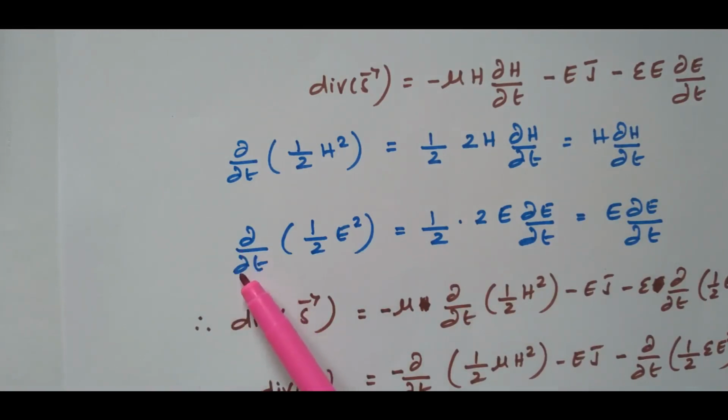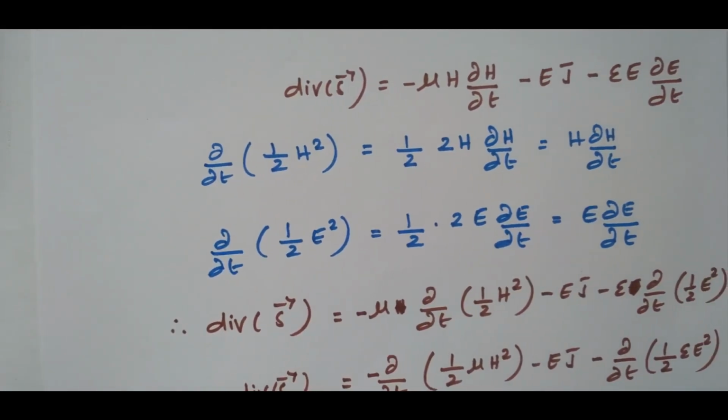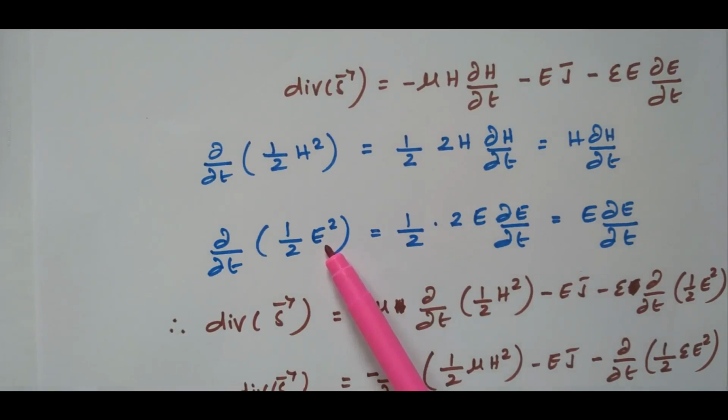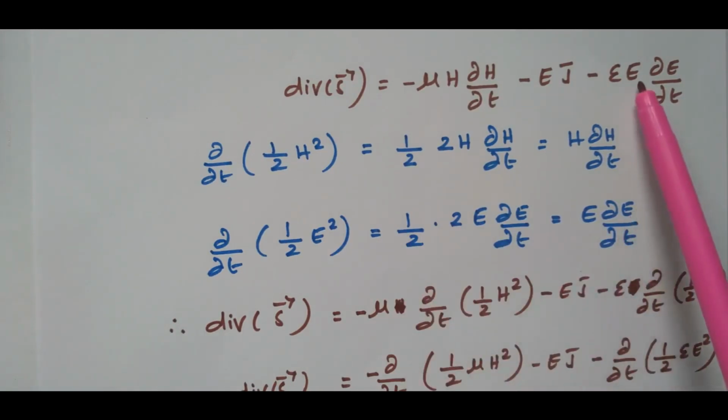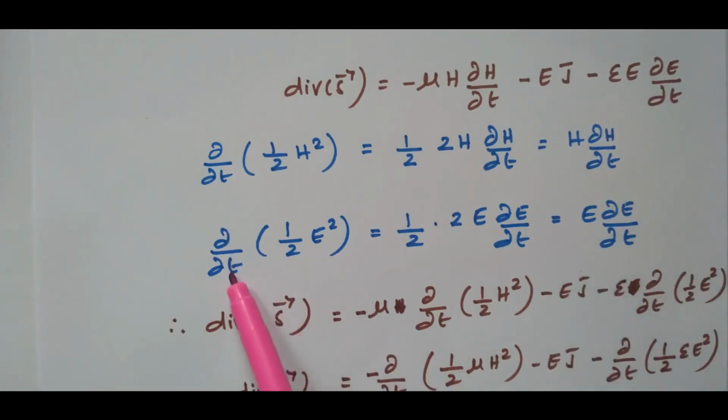Similarly, dou by dou T of half E square equals 1 by 2 times the differentiation of E square, which is 2E dou E by dou T. The 2 cancels, giving E dou E by dou T. So E dou E by dou T can be replaced with dou by dou T of 1 by 2 E square.